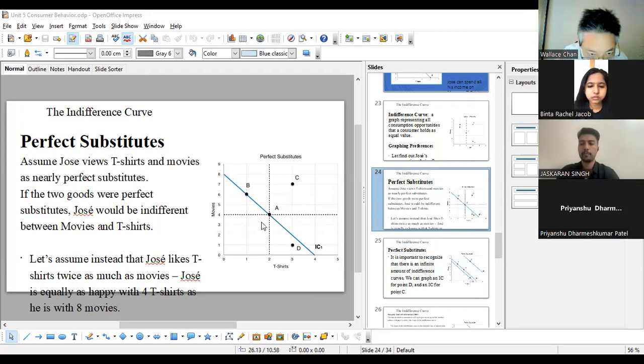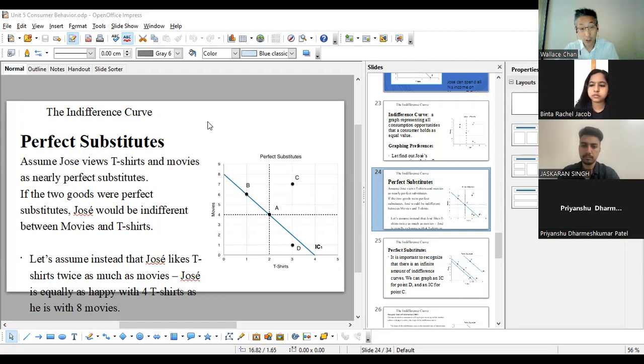In other words, to Jose, if you give Jose 6 movies and 1 t-shirt, the satisfaction will exactly be the same as giving Jose 4 movies and 2 t-shirts. Does it make sense? That's why it's called indifference. Indifference means it doesn't make any difference in terms of the satisfaction level.